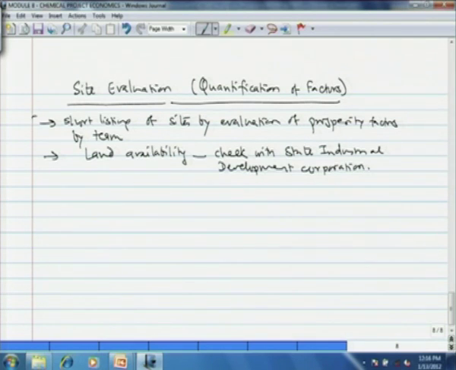So, this is as far as the prosperity factors are concerned.